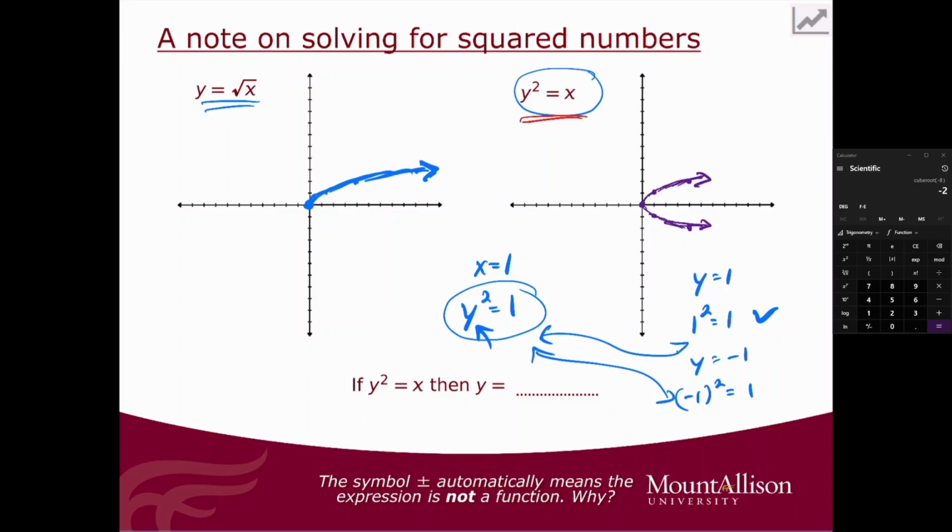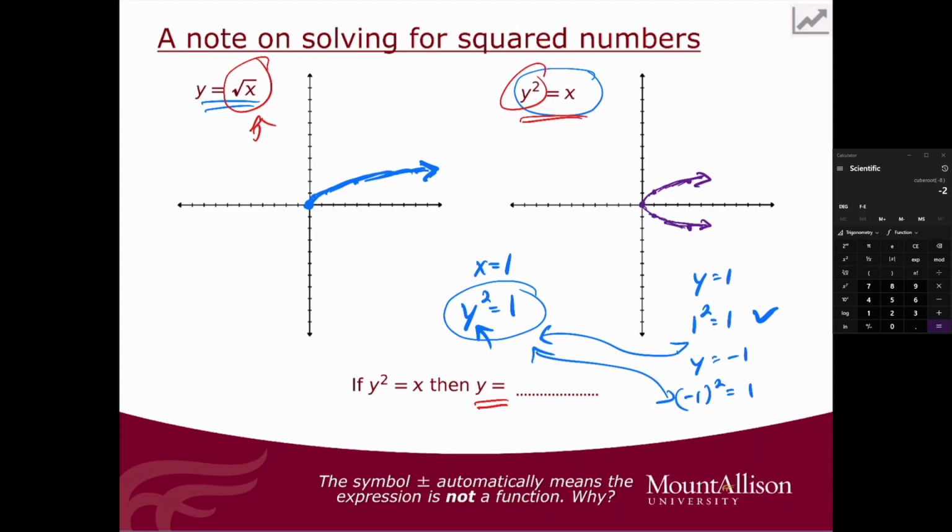So if I wanted to ask you, if I know that y squared is equal to x, then what should y equal? It's natural to want to say that y should equal the square root, because it seems like the square root and the y squared would kind of be opposite to each other, especially when you look at them as if this is a fractional exponent to that one.